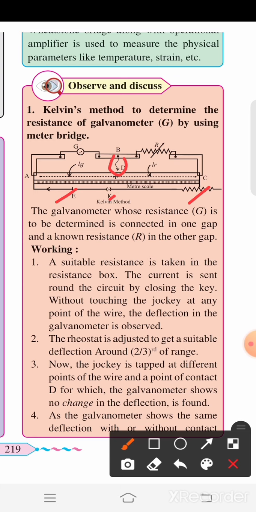So that is the construction of Kelvin's method to determine the resistance of galvanometer G by using a meter bridge.